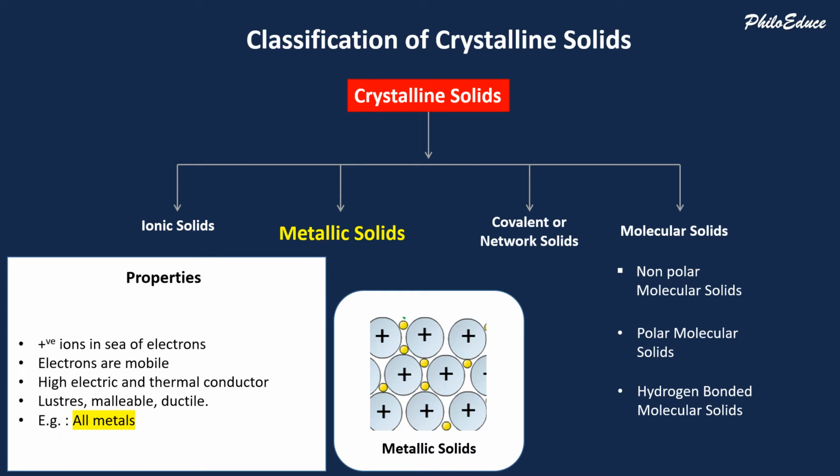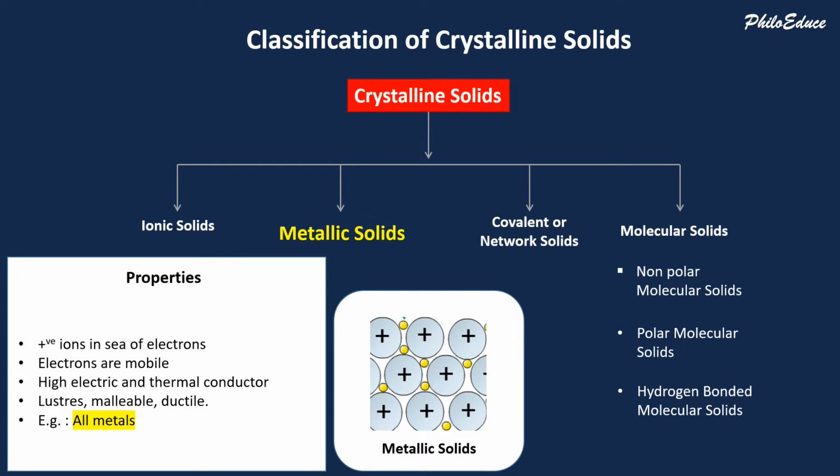Then we can move on to metallic solids. Normally all metals are examples of metallic solids. The positively charged metal ions are immersed in a sea of electrons from the same atoms. In metals, the valence electrons are loosely bound to the nucleus, so they can easily eject from the atom and constitute a pool of electrons, and positively charged metal ions are immersed in them.